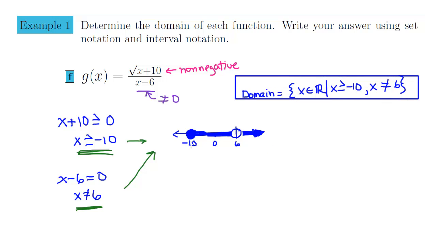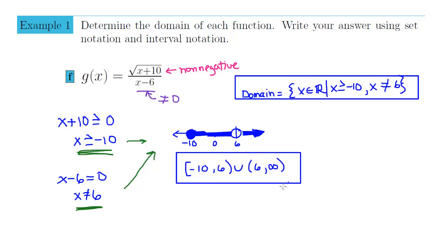The interval notation would consist of all numbers from negative 10 to infinity, not including 6. So it would be the interval negative 10 to 6, all numbers between negative 10 and 6, including negative 10, and then all numbers that are larger than 6. So the interval from 6 to infinity. Open parenthesis at 6 because that's not included.